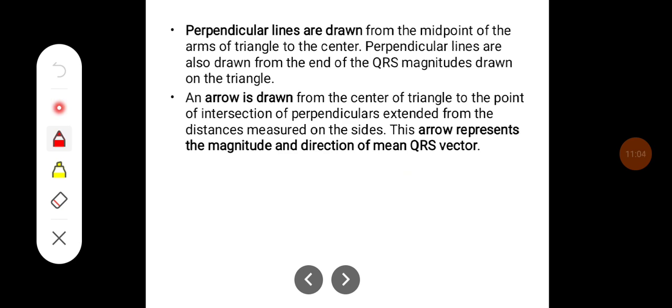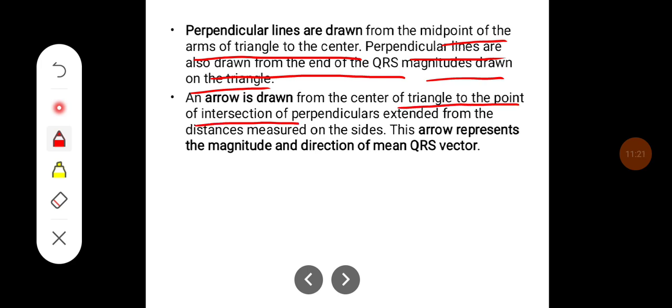Then perpendicular lines are drawn from the midpoint of the arms of the triangle. Perpendicular lines are also drawn from the end of the QRS magnitudes drawn on the triangle. An arrow is drawn from the center of the triangle to the point of intersection of the perpendiculars extended from the distances measured on the sides. This arrow represents the magnitude and the direction of the mean QRS vector.